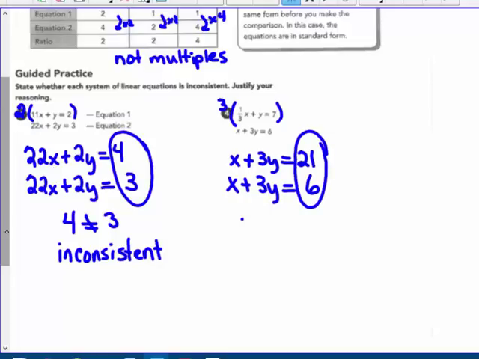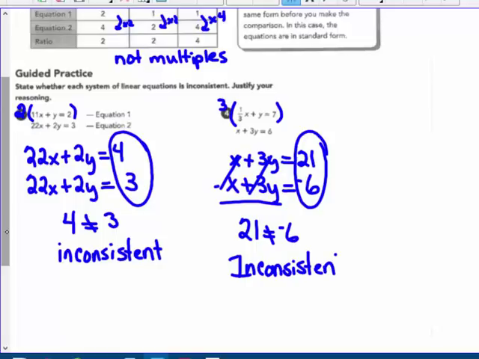Not multiples of each other. 21 would not equal 6 if I subtracted these equations from each other, right? Everything would cancel, and I would get 21 doesn't equal 6. So again, it's inconsistent. I don't even have to finish solving it because I know I'm not going to get a solution.